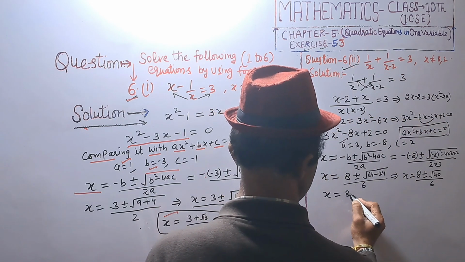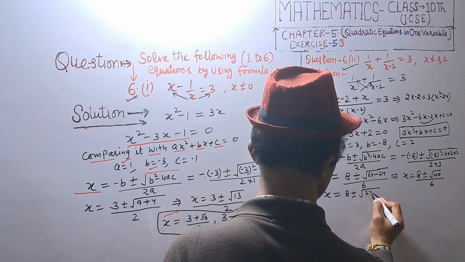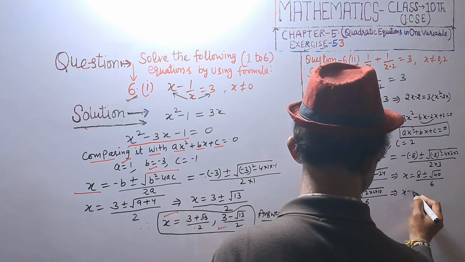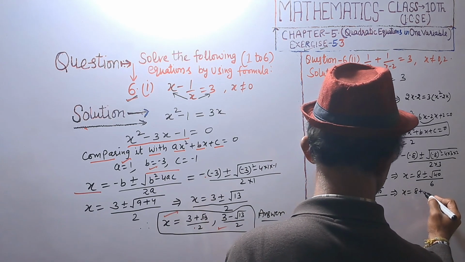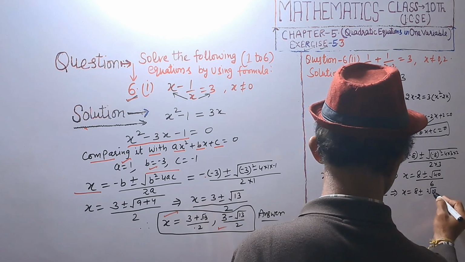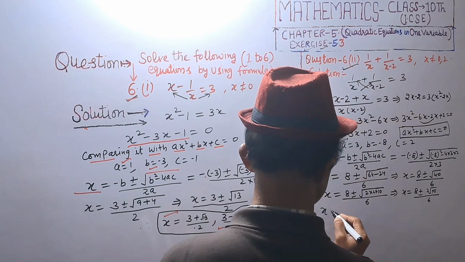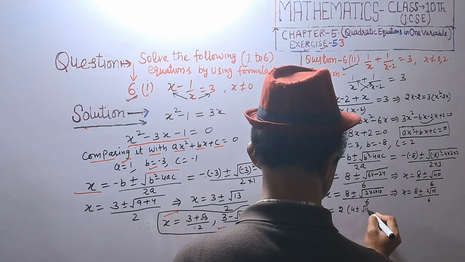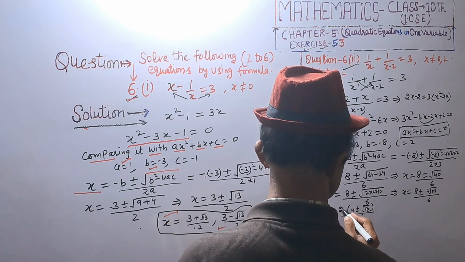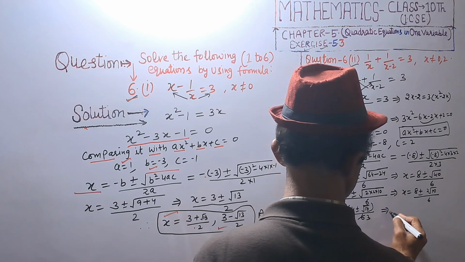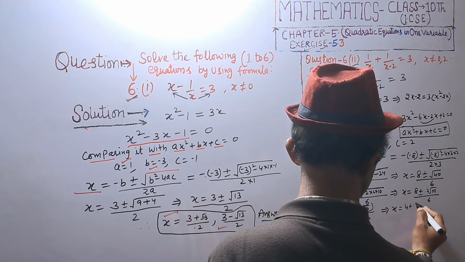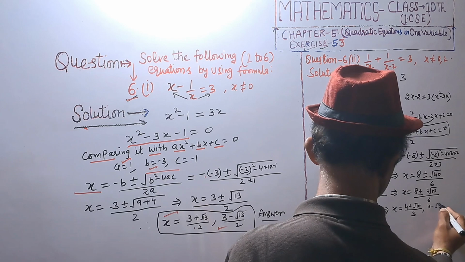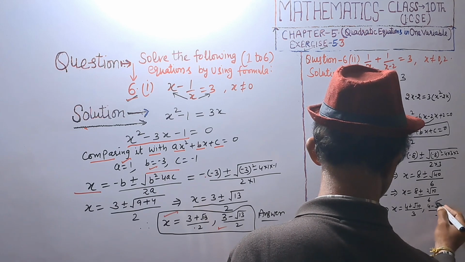So x is equal to 8 plus minus root 40, we can write 2 into 2 into 10, divided by 6. This implies x is equal to 8 plus minus 2 root 10 divided by 6. x is equal to 2 is common, in bracket 4 plus minus root 10 divided by 6, this is cancelled, and we get the value of x equal to 4 plus root 10 upon 3, 4 minus root 10 upon 3.